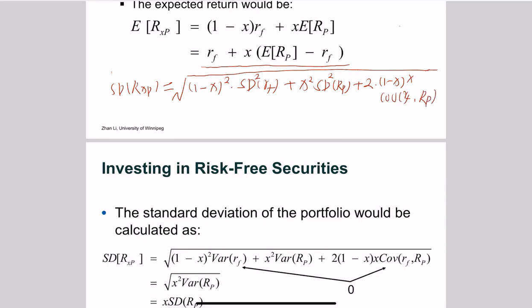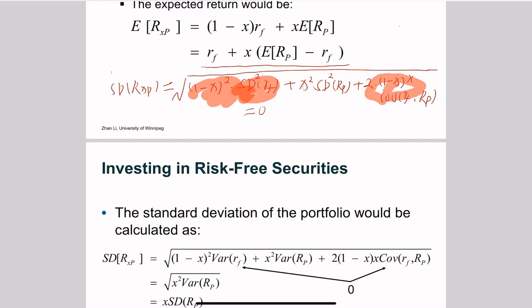Now, what you can see here is this term is 0, right? Because the risk-free return is just a number. It's not a random number. So the standard deviation of a number is always 0. So this one has to be 0, which means this whole thing becomes 0. And this one is also 0.